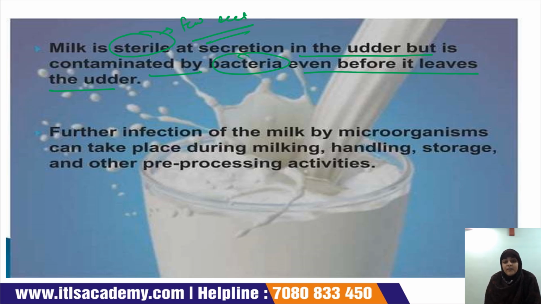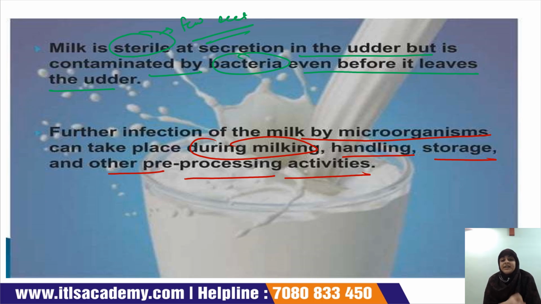Further infection of milk by microorganisms can take place during milking, handling, storage, and other pre-processing activities, because we all know that these microorganisms are very tiny and present in the whole environment.